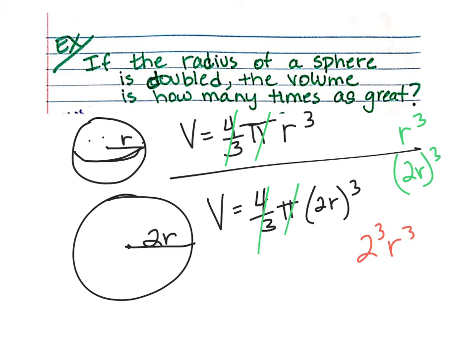So 2 times 2 times 2 is 8, so 8r cubed. So basically, if I was going from this to this, I would just have to take the volume and multiply it by 8 if my radius was doubled, because that's 2 cubed. If I was tripling it, then I would take the 3 and cube it.